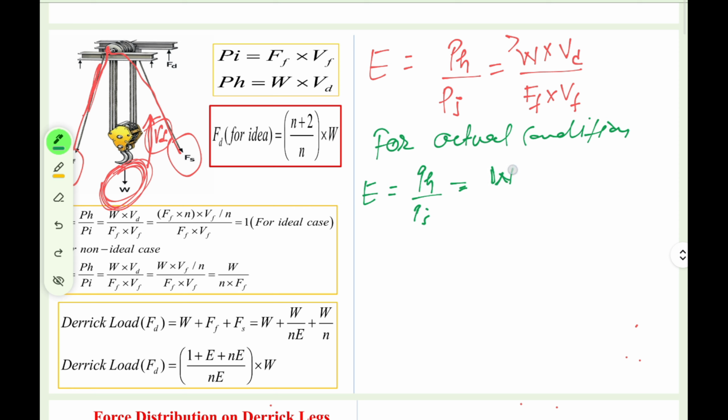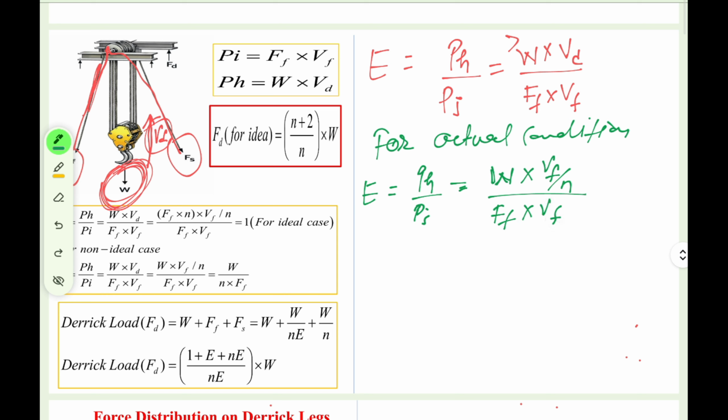For the ideal case, I assumed in the previous lecture that the mechanical advantage W by F is equal to N only when we are assuming that there is no friction, right? In this case, Vd can also be written as Vf divided by N, as we know, and the denominator is the input power, which we have already derived, Ff multiplied by Vf.